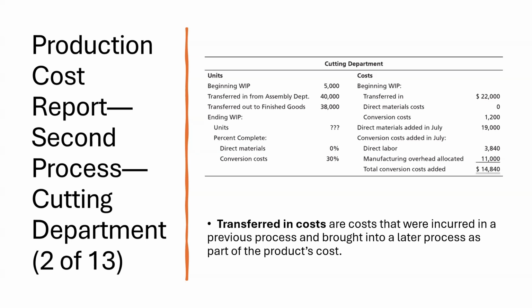Then you have the direct labor under that, which is 3,840. Then you have the manufacturing overhead allocated at $11,000. And the total conversion cost added is $14,840.